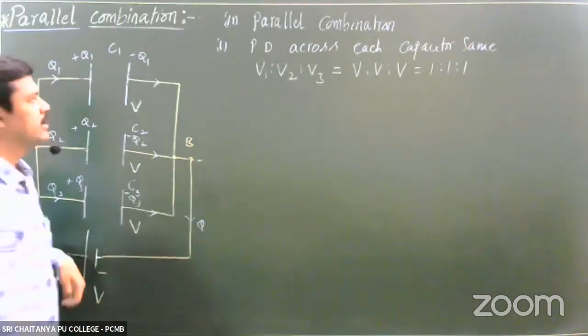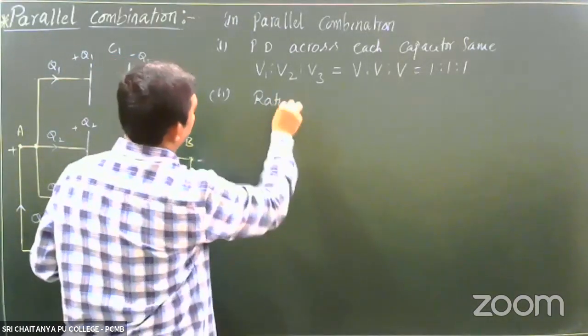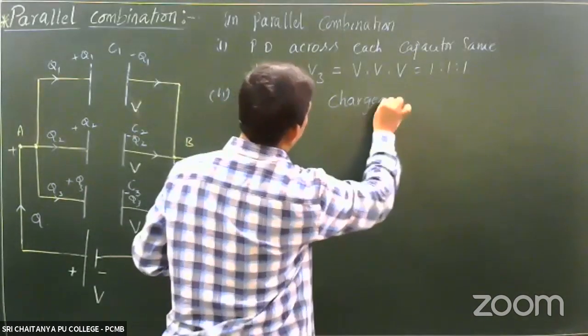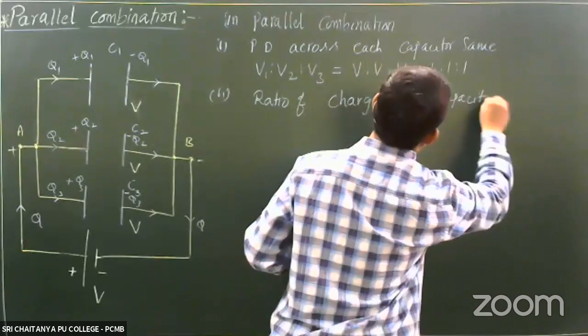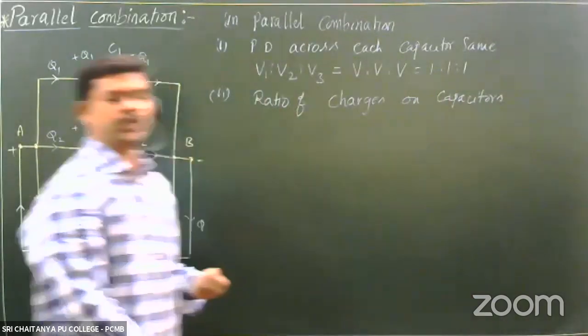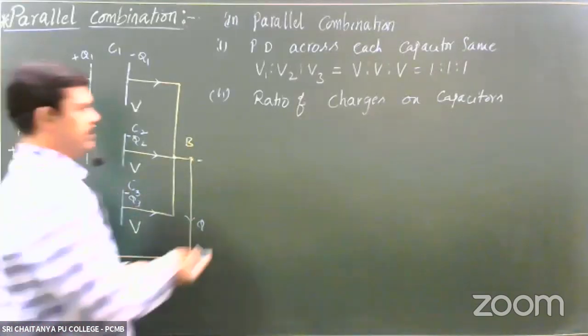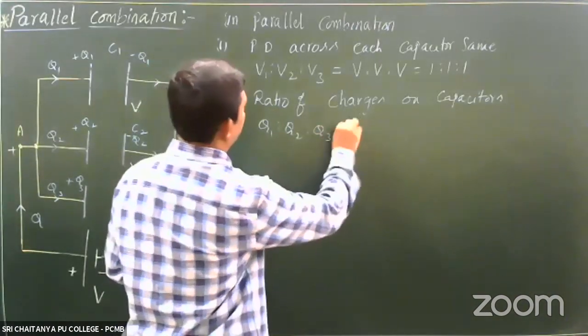First point done. Second, what is the ratio of charges on capacitors? Just now we derived. I want Q1 is to Q2 is to Q3.